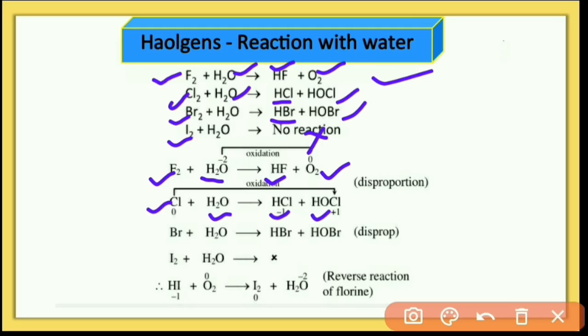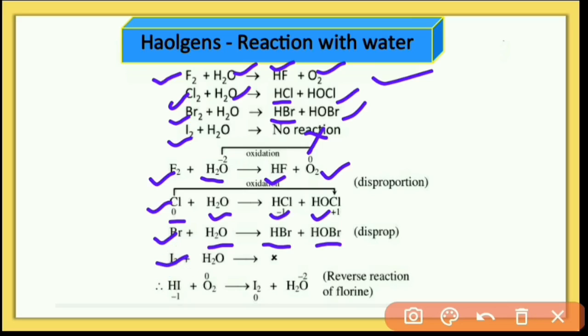So chlorine has 0 oxidation state, in HCl chlorine has -1 oxidation state, and in HOCl it has a plus oxidation state. Let's see similarly the next reaction: bromine reacts with water molecule and forms HBr and HOBr. It also shows a disproportionation reaction.